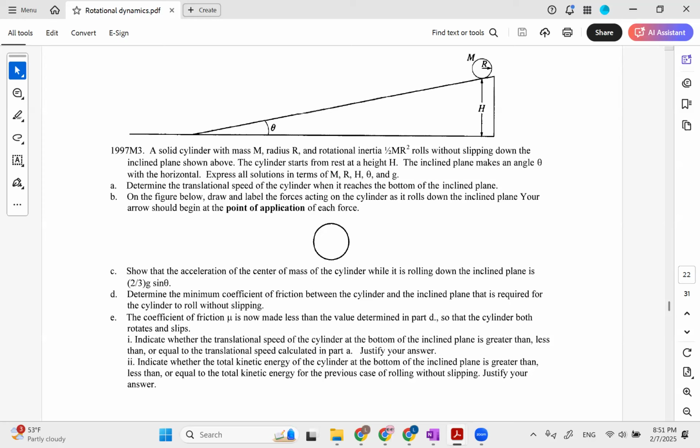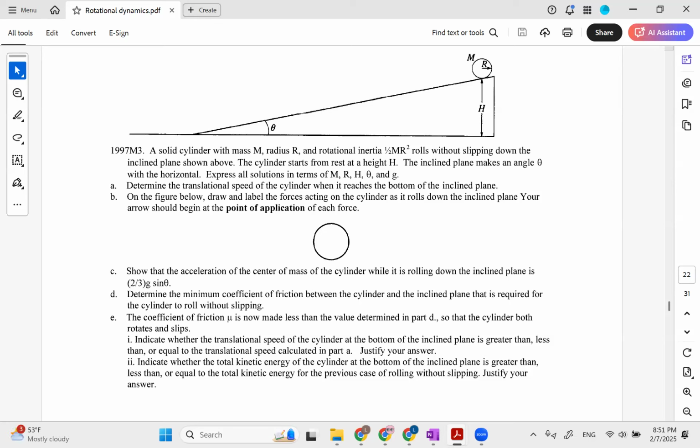Show that the acceleration at the center of mass of the cylinder while it is rolling down the inclined plane is 2/3 g sine theta. Determine the minimum coefficient of friction between the cylinder and the inclined plane that is required for the cylinder to roll without slipping. The coefficient of friction mu is now made less than the value determined in part D, so that the cylinder both rotates and slips.